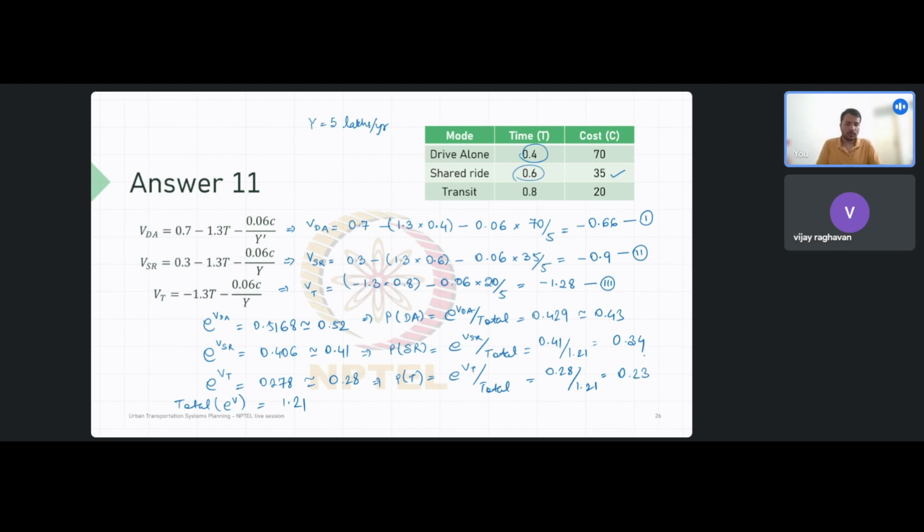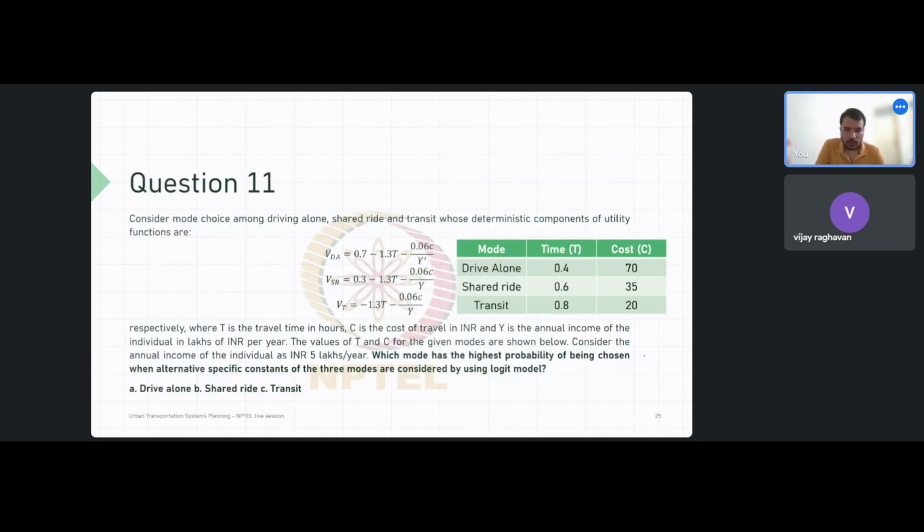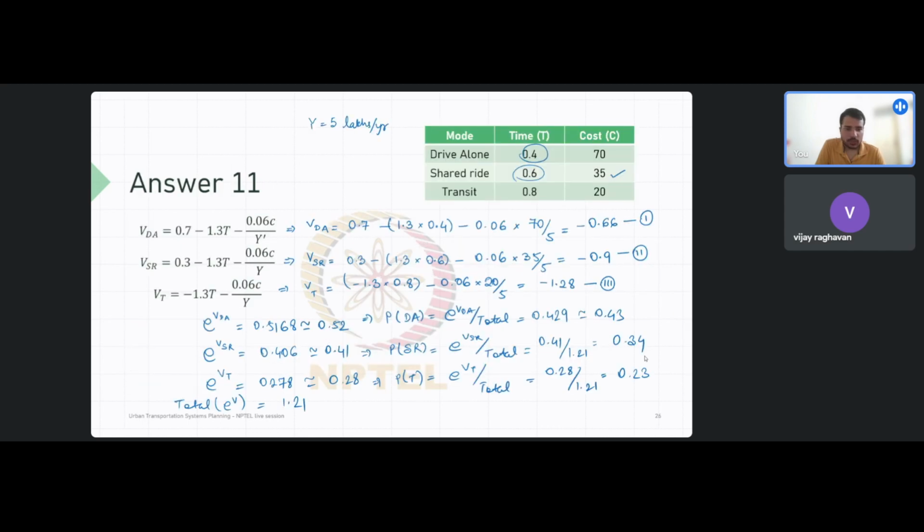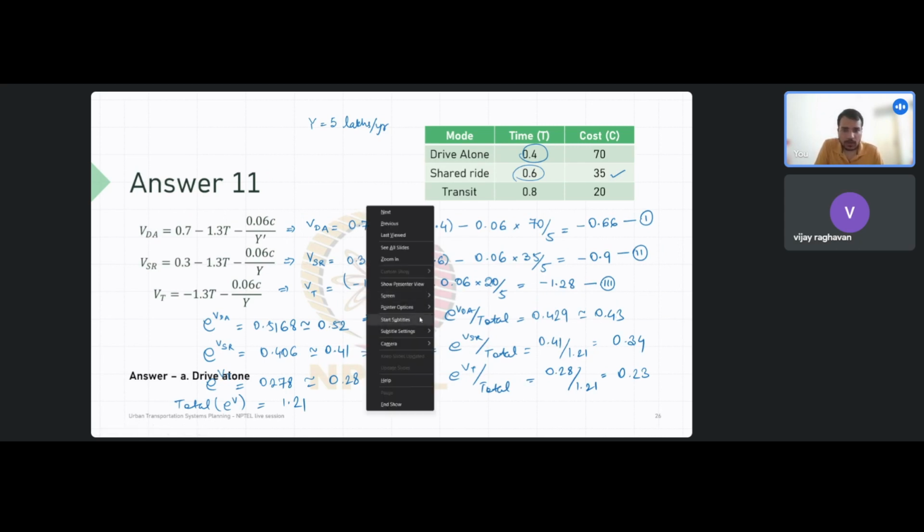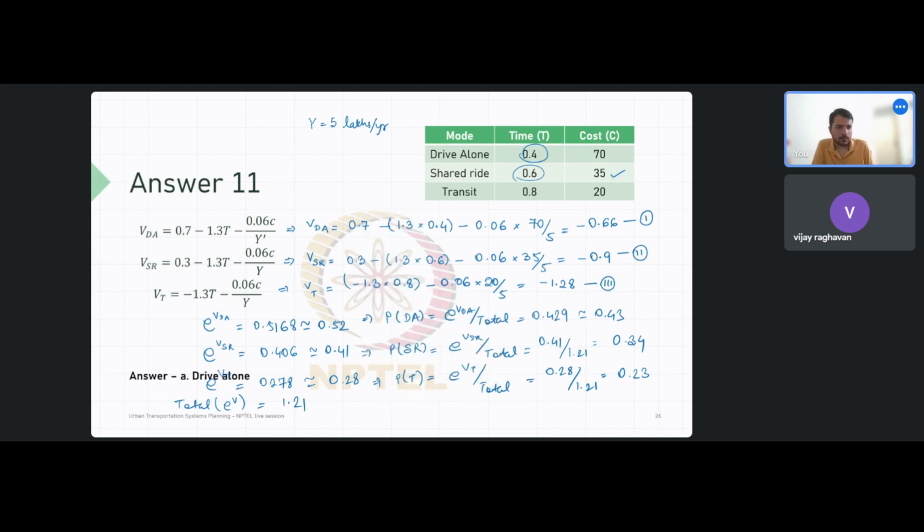So we needed to find the highest probability of being chosen. So highest is drive alone, because we can see here, mark it. We can see this is the highest. So answer is option A, drive alone.